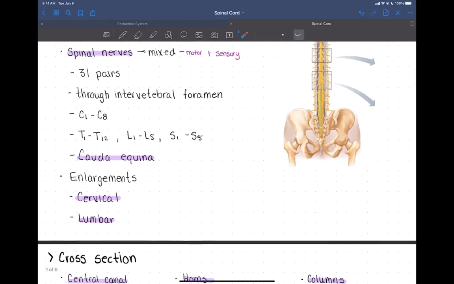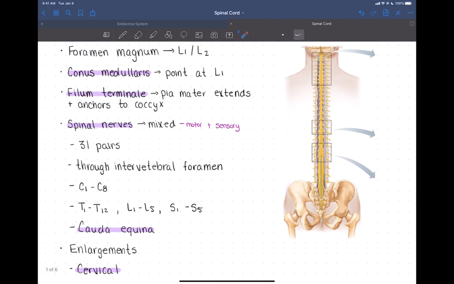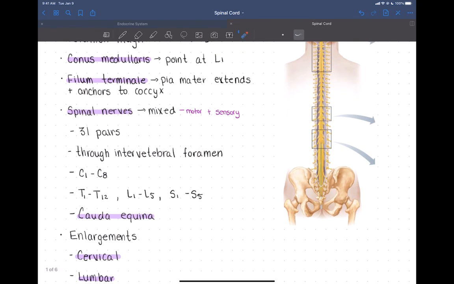We have our spinal nerves running all the way down. Again, 31 pairs. We go from C1 to C8, then T1 through T12, L1 through L5, and then S1 through S5 refers to those spinal nerves that leave through the foramina in the sacrum. That would be down here.